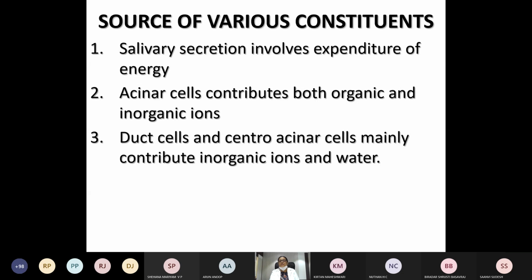Duct cells and centroacinar cells mainly contribute inorganic ions and water.